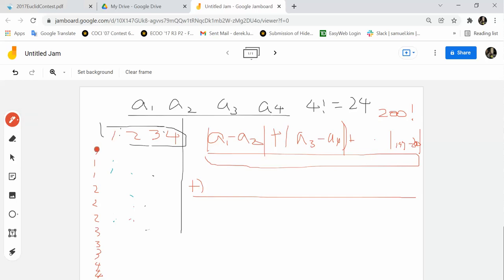Here is wrong, so it should be 6, 1, 2, 3, 4, 5, 6. Should be 6 ones because this permutation is 6. Then we have 2, 6, then 2, 2, 3, 3, and 4, 4, or something, right?